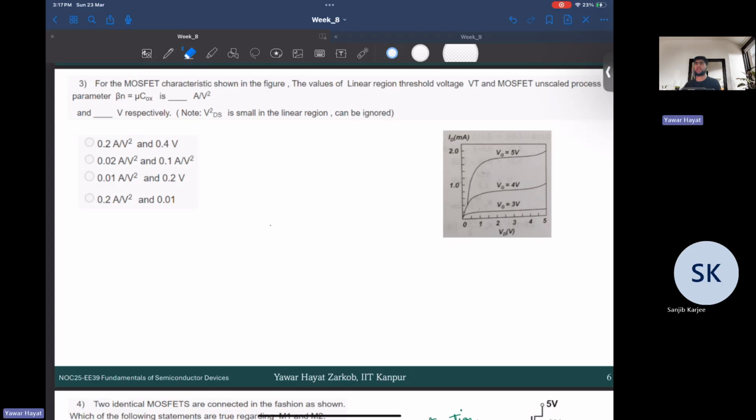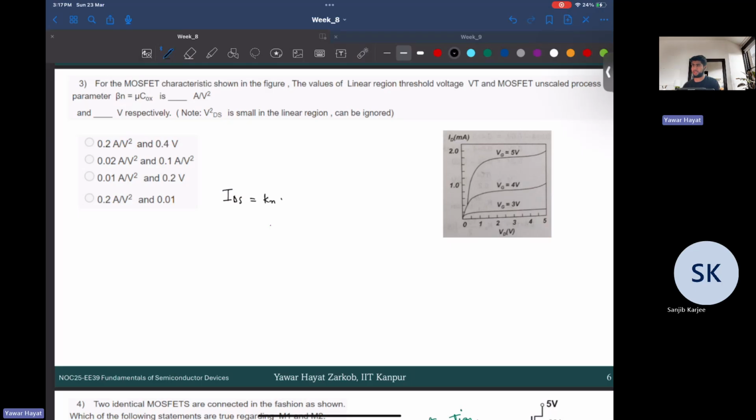Yeah, your VT and your beta n. And it's given that your VDS square is small in the linear region and it can be ignored, right? So if we assume that our VDS is very small, what would be the IDS equation? If VDS is very small, you can ignore the quadratic term.